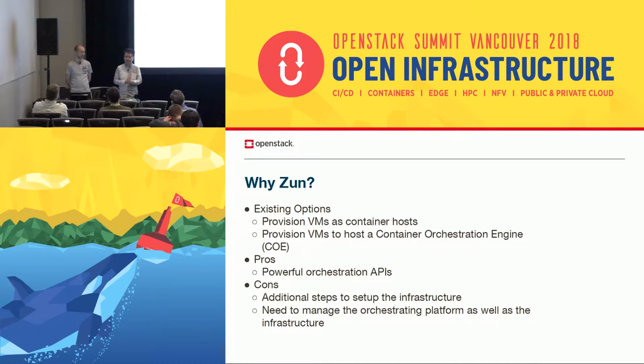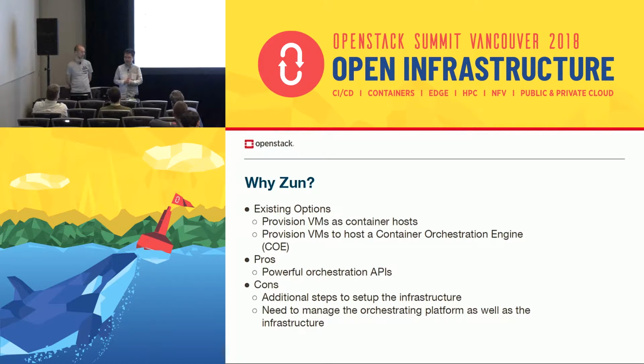This is good, but after that, you need to manage those VMs and all the containers running in the VMs. The second option is similar: you also need to provision a set of VMs and install a container orchestration engine, which we call a COE, on top of those VMs.